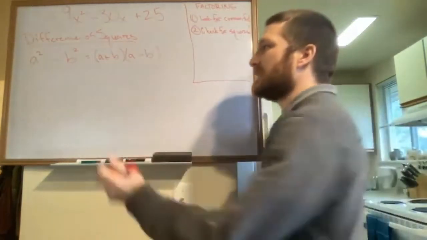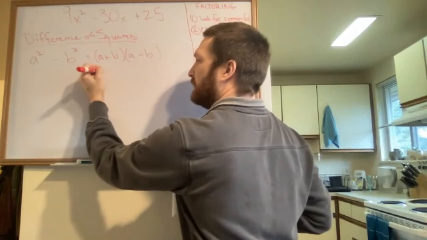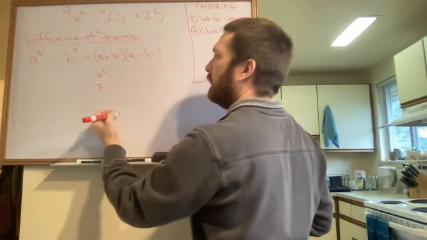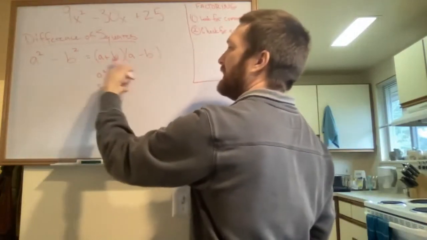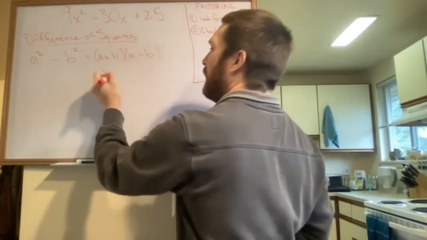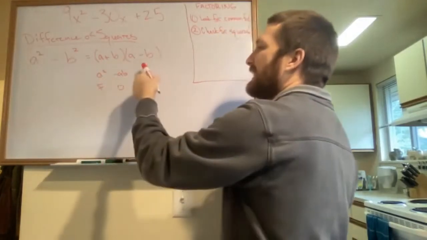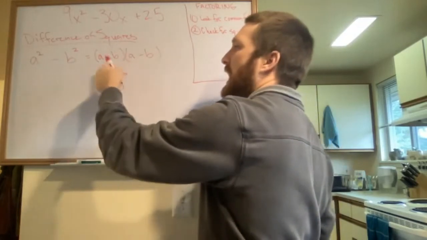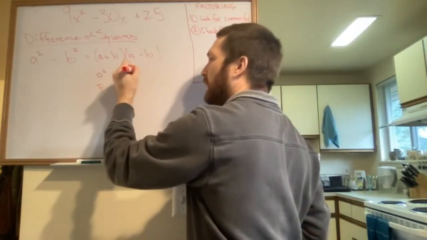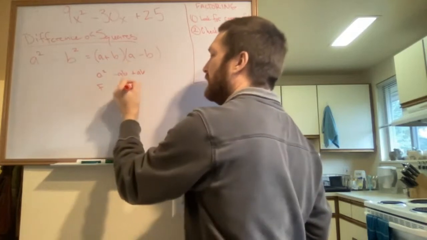First gives me a times a is a squared. The outer is a times negative b, or minus ab. That's my outer. The inner gives me b times a, so plus ab, my inner.